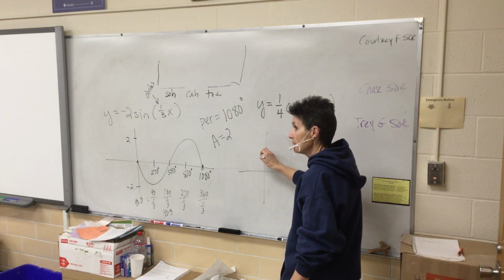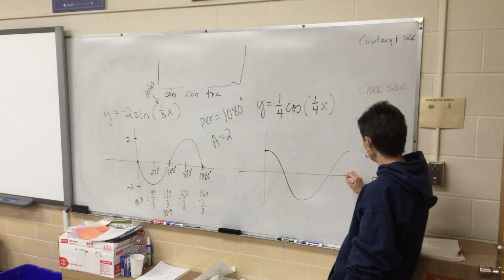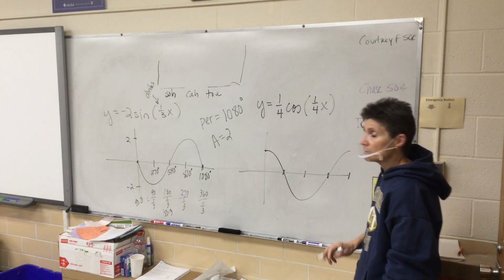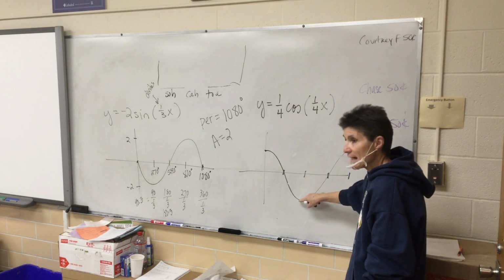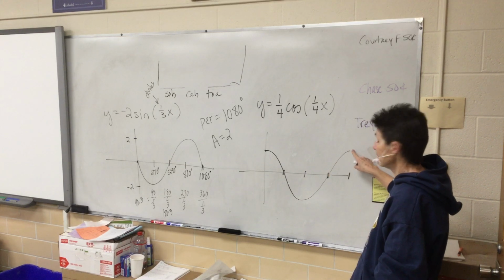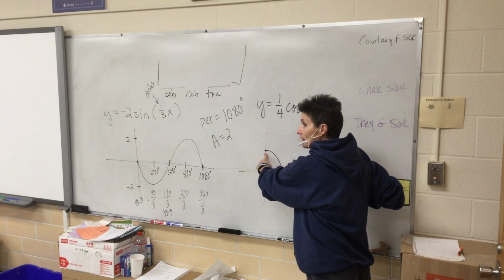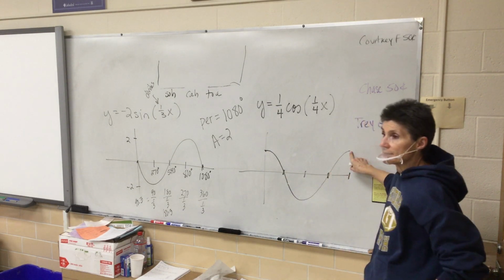So remember, it starts up here, comes down, makes a valley, and comes back up. Your labels always will be where it crosses, where it bottoms out, the low point, where it crosses again, and then when it gets to the top again. It must stop where it starts. So if it starts up here, it stops as soon as it gets back up there.